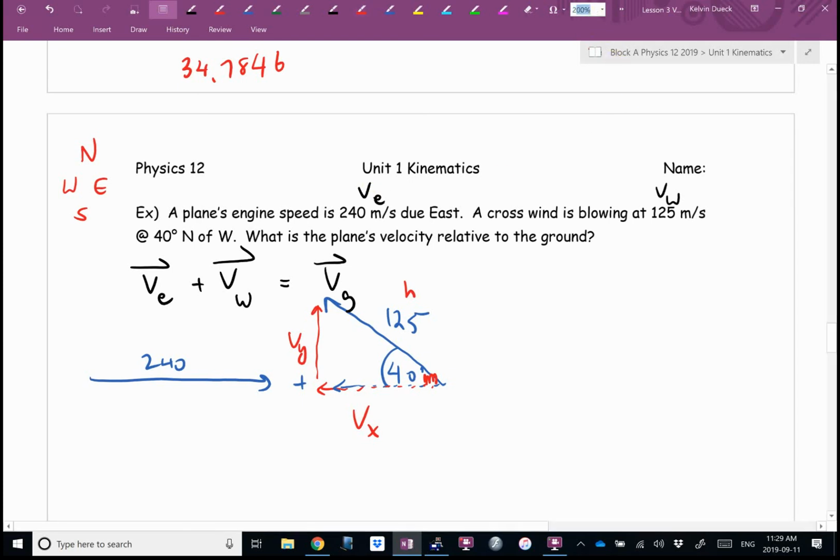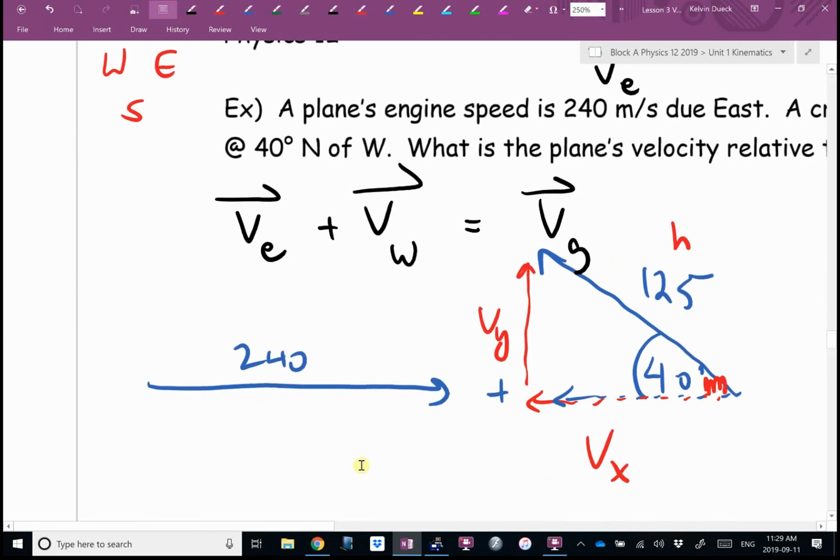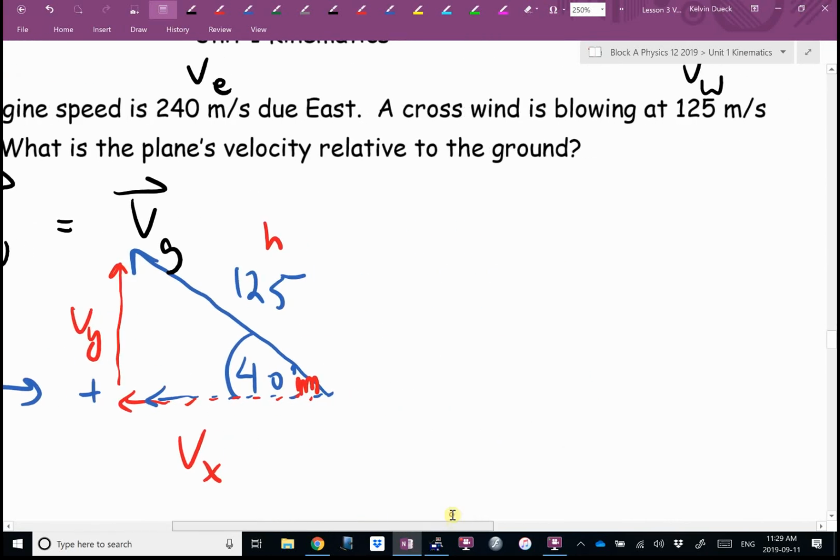I see people squinting in the back, so I'll zoom in, and then I'll zoom out. So 125. Vy, opposite or adjacent? Vx. What do you want to find first, Vx or Vy? I don't care. Which trig function?